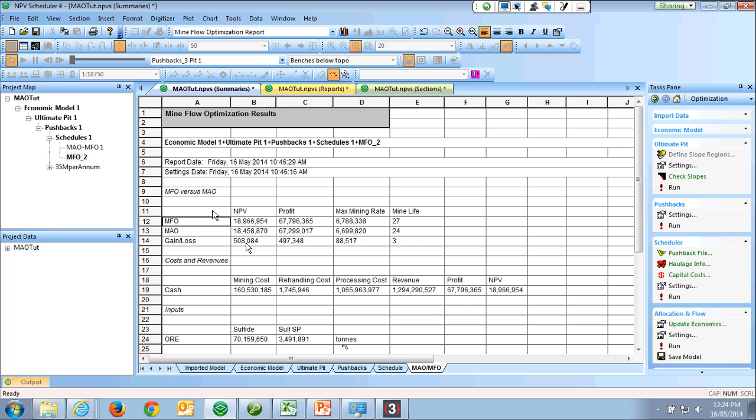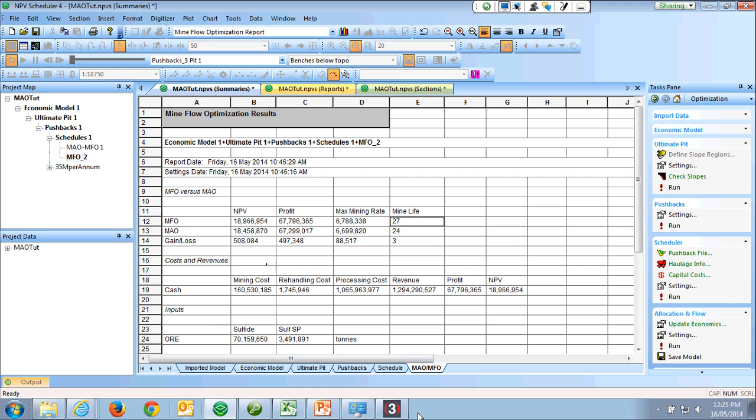So I think that gives you a fairly good overview of what MAO and MFO can do. The blending that it does is on top of what the schedule can already do for reaching targets.